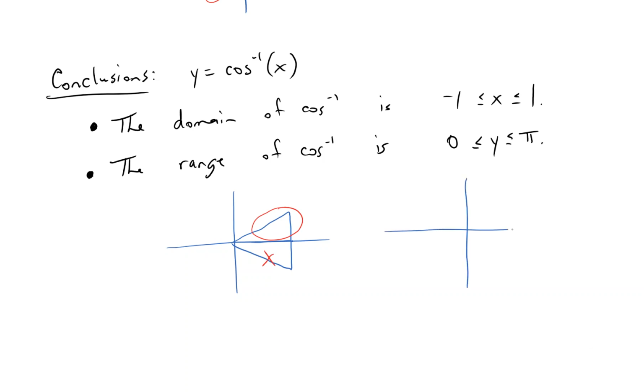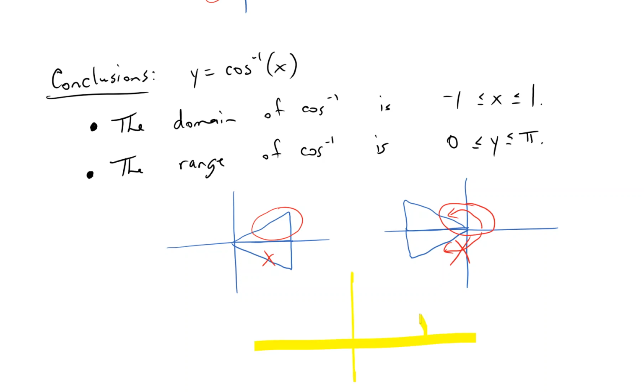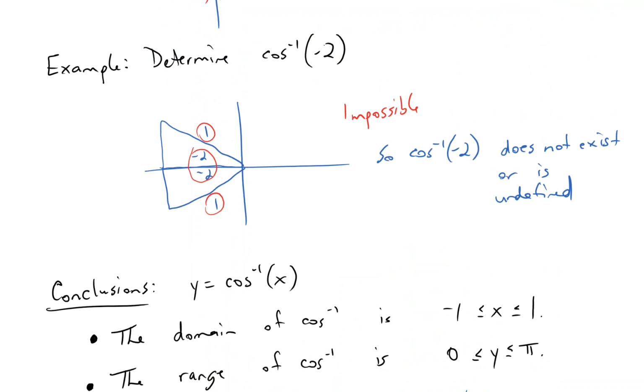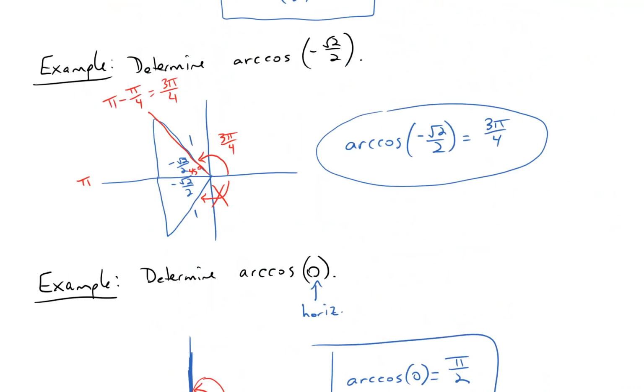If you're looking at an input of negative horizontal side, you could have a reference triangle in the second or third quadrants. The rotation is equal again. You're never going to choose the negative rotation. You're always going to choose the positive rotation. So your outputs for the cosine inverse function will always be angles between 0 and pi, anywhere up here, because you're never going to choose the negative rotation when you have a tie as far as rotation goes. Okay? So that is it for the inverse cosine function, or the arc cosine function. I hope that makes sense.